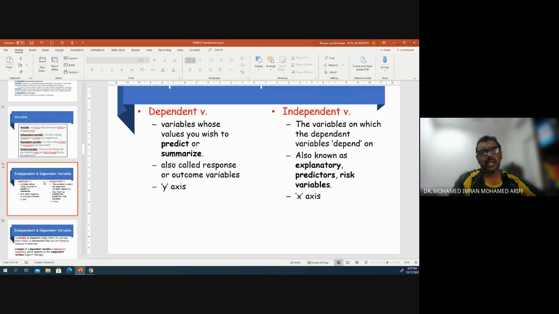So these are independent variables that cause losing weight. Okay, so I repeat myself. Exercise, eating well, fasting. These are independent variables which cause an effect of losing weight. The independent variable is on the X axis.